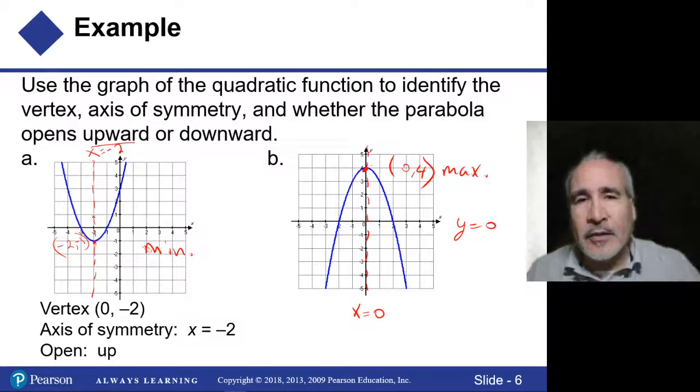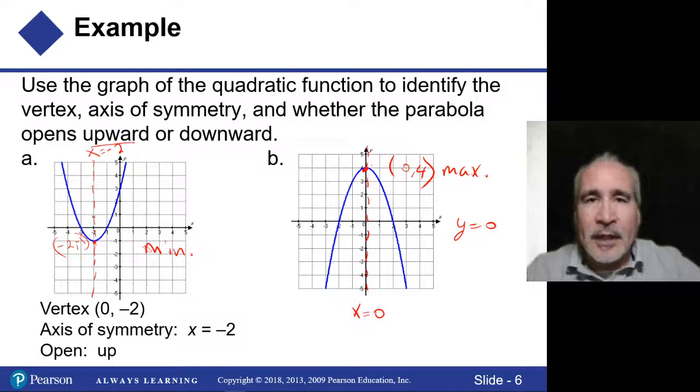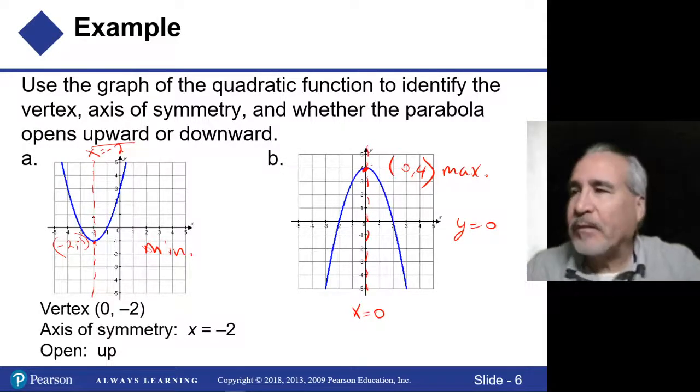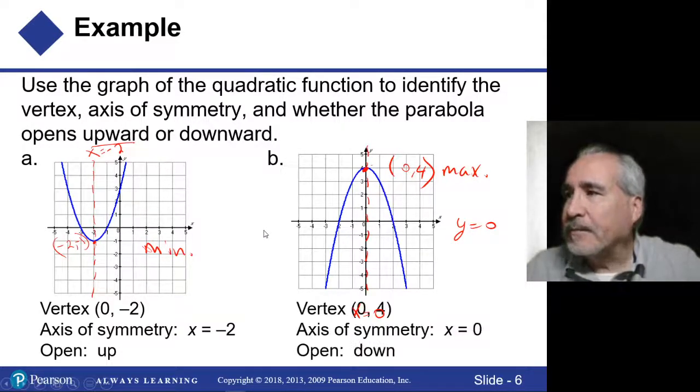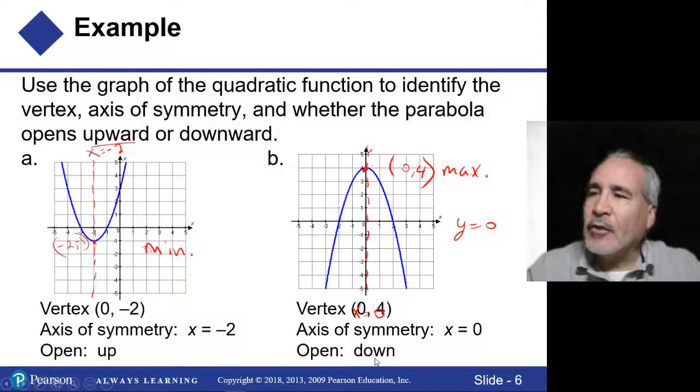It focuses the rays there. That's why a parabolic microphone works. Sound waves hit that dish and then they go to the microphone, so it amplifies things. Kind of cool, I think. Okay, so yeah, 0, 4, axis of symmetry, x equals 0. And then it's opening downwards, right?